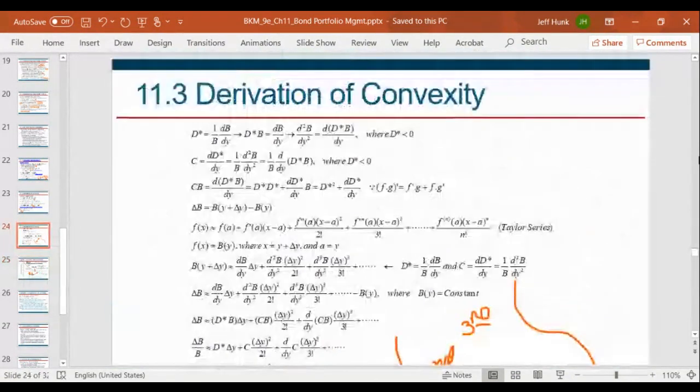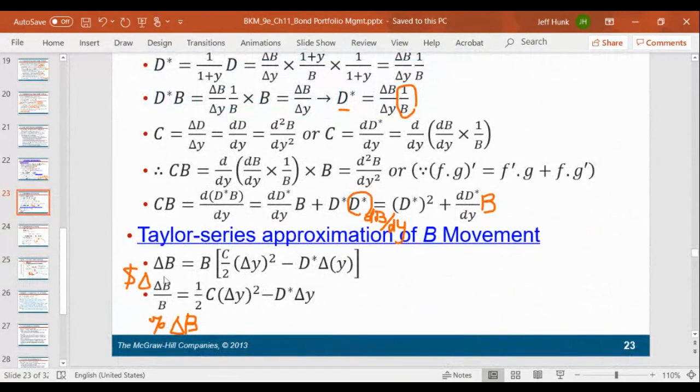Look, the application is obvious. If the equation came to this form, what does this tell you?